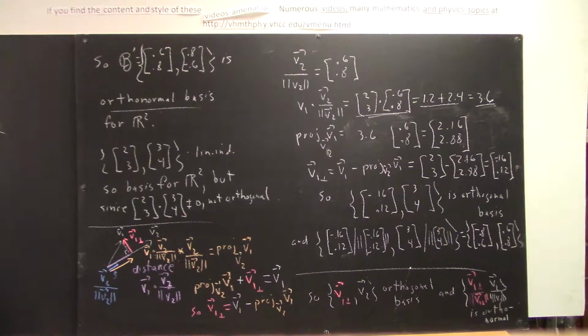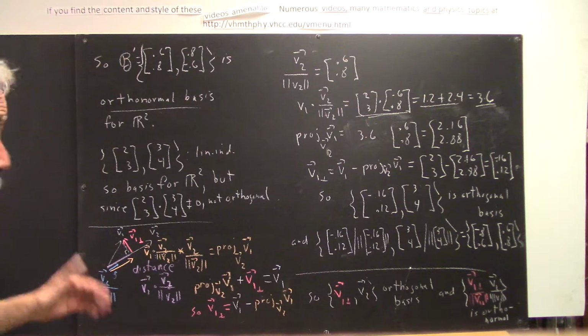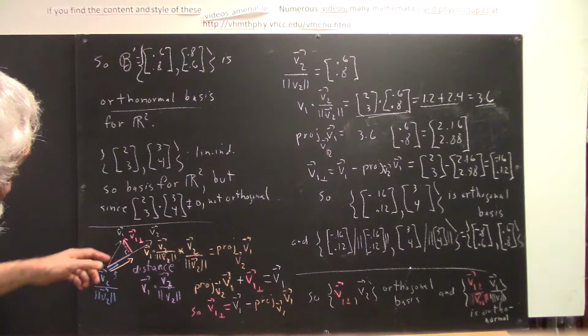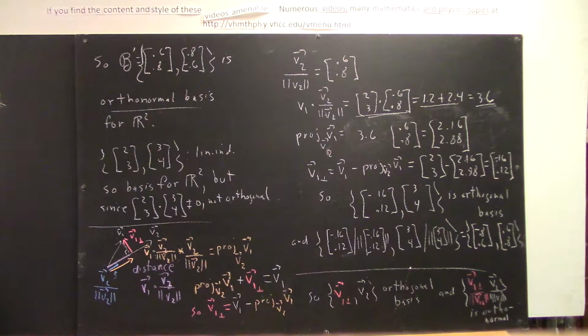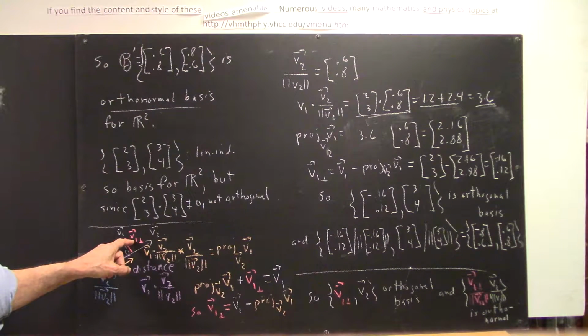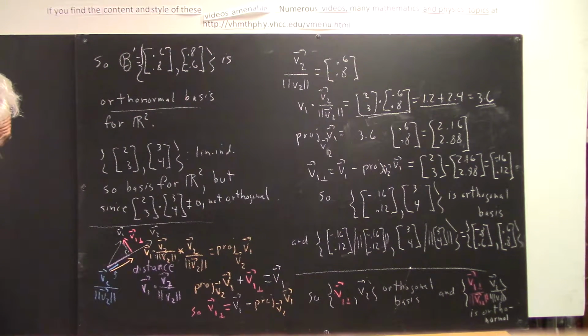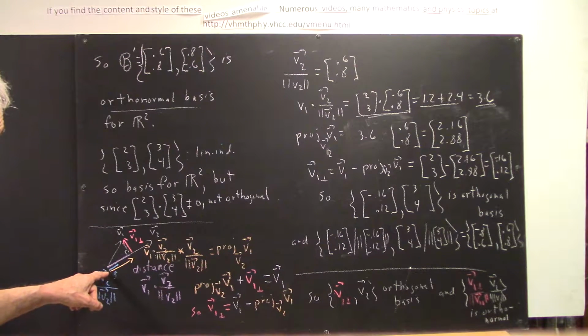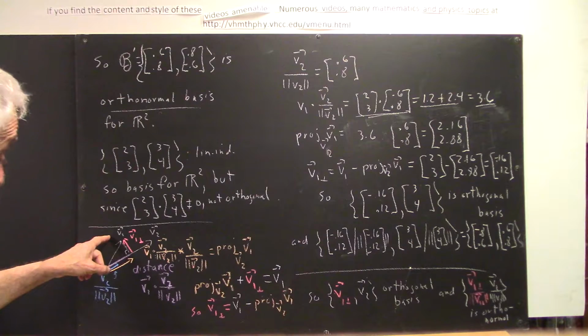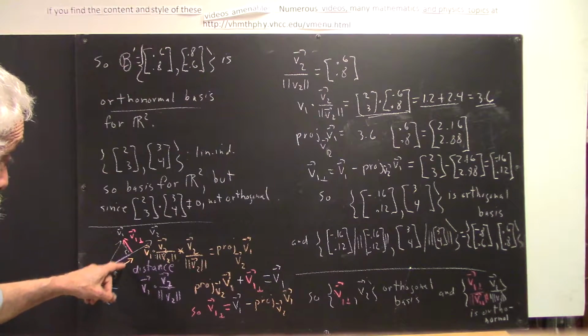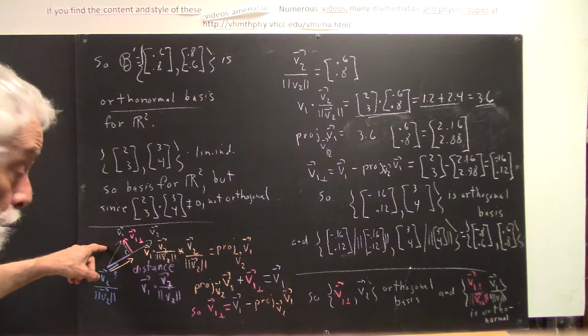Now, v1 and v2 are linearly independent, so they're not parallel, so there's some component of v1 that's perpendicular to v2, a non-zero component. And we get this vector, which I'll call v1 perpendicular, by subtracting this vector projection from v1, because the vector projection plus this red vector equals v1.